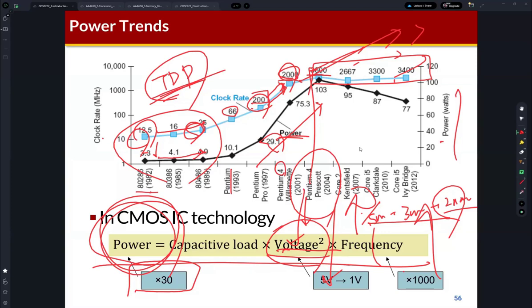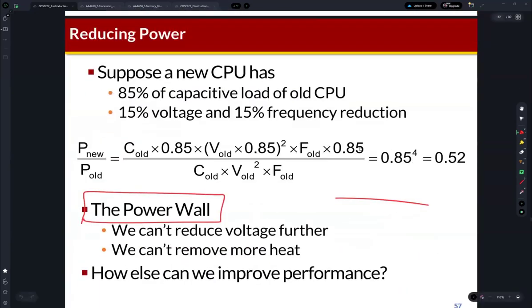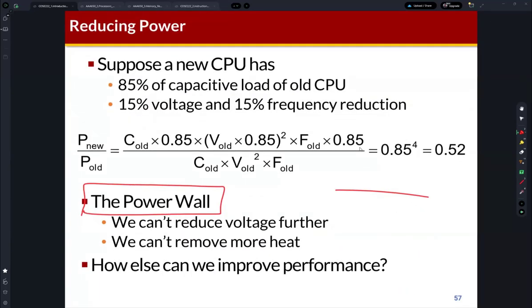static power. So in the previous class we learned about only dynamic power. It is because in an old computer system, dynamic power was dominant. The most power consumption was dynamic power, but it changed.